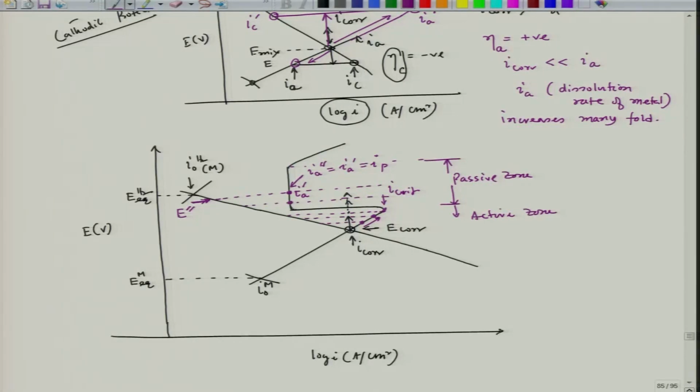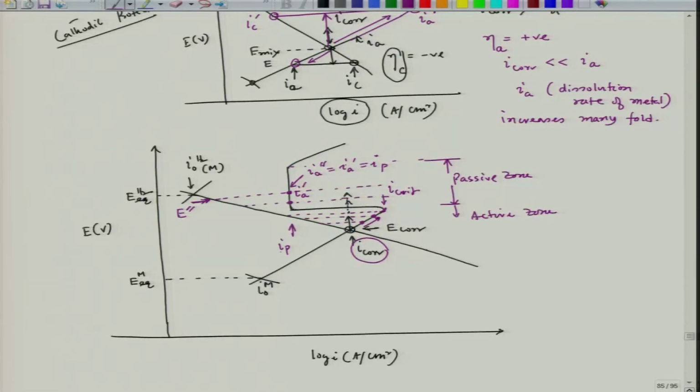Now, interestingly, initially when I go for anodic polarization, the corrosion rate increases, reaches a maximum at I critical, and if we increase the polarization further, that means anodic polarization, I could see that the corrosion rate becomes I passive. That means the corrosion rate, what it was in the steady condition, which is I corr, has gone to the I passive.